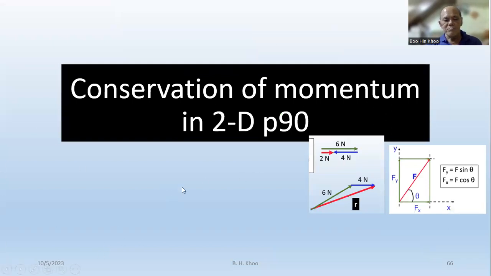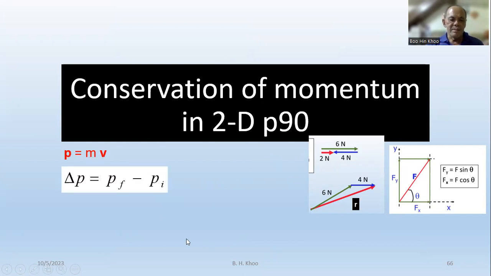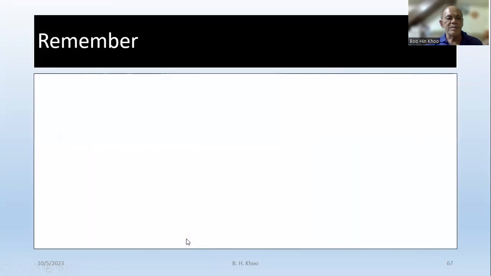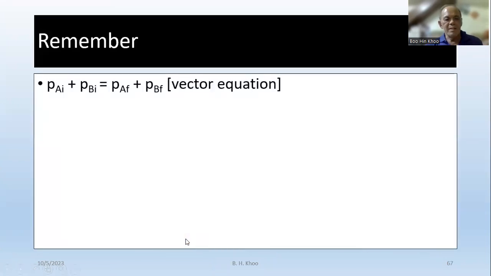We can still use our vector triangle to find our resultant, or we can use the component method. One vector resolves into components. Either way, we can use that. So these are some of the formulas to remember.